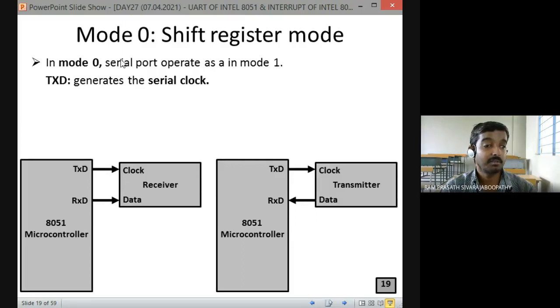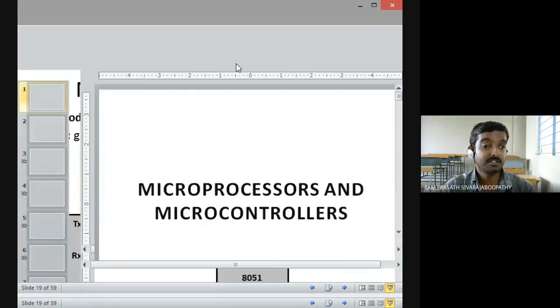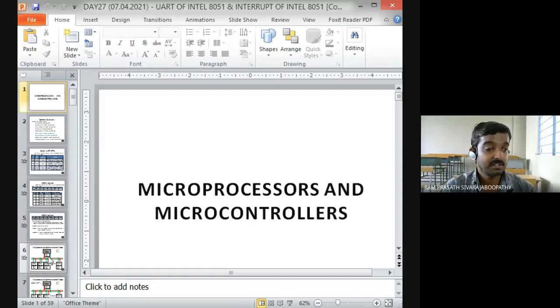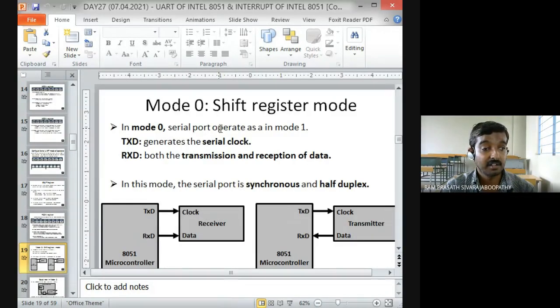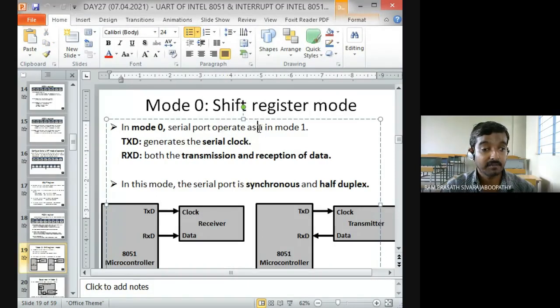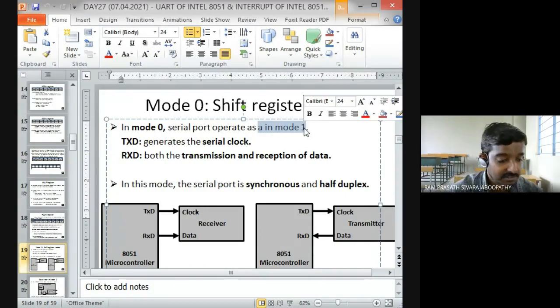Mode 1 kadiyadu. In mode 0, the serial port operates as shift register. Sorry, there is a mistake in the slide. Correct it: the serial port operates as shift register.